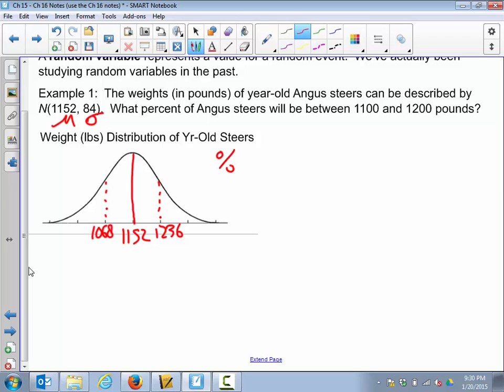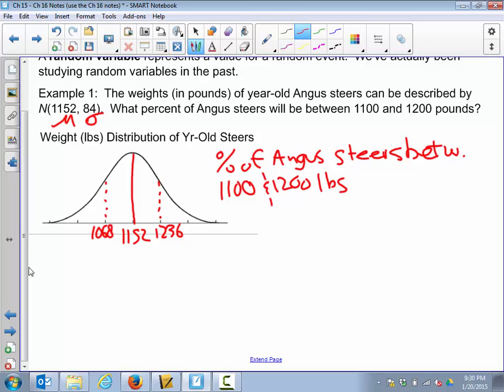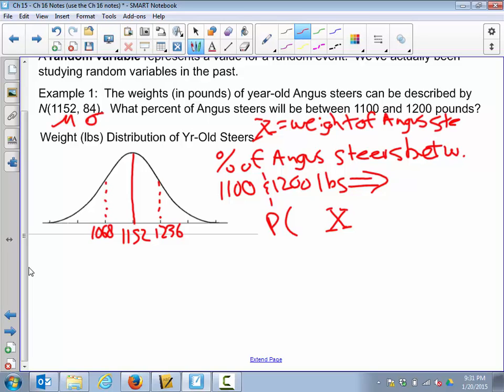Okay, if they want us to come up with the percent of Angus steers between 1100 and 1200 pounds, logically that is the same as saying this: if X is the weight of an Angus steer, what's the probability that a single Angus steer is going to be between 1100 and 1200 pounds?